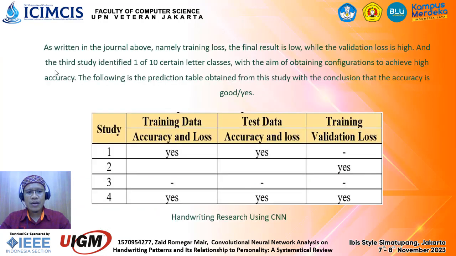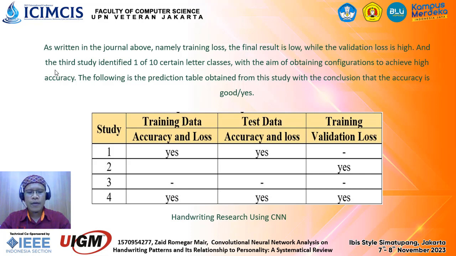As written in the journal above, the training loss final result is low while the validation loss is high, and the third study identified certain letter classes with the aim of obtaining a configuration to achieve high accuracy. The following is the prediction table obtained from the study, with the conclusion that the accuracy is good.